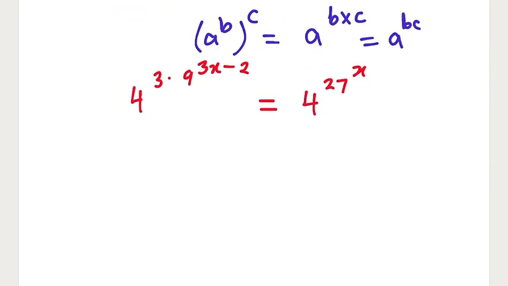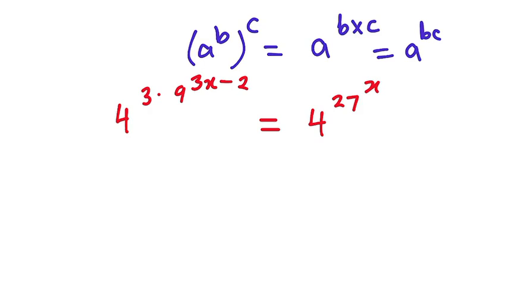Now from here, we can see that we have the same base. Look at this, we have 4 here. So we're going to equate the exponents. That is from the law of indices that says when you have a to the power of b equals a to the power of c, we're going to equate the exponents.